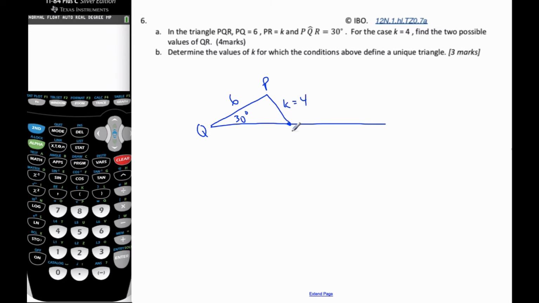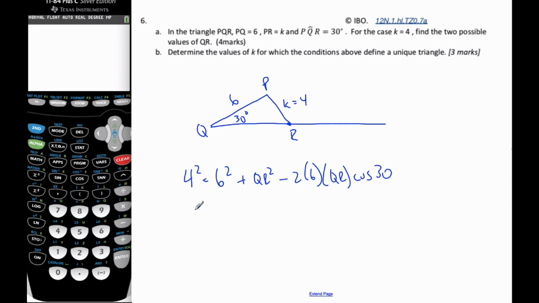And so it wants me to find the two possible values for QR. Well, the easiest way to find this is if I use the cosine law, where the side and the angle have to go hand in hand. So it's going to be 4 squared is equal to 6 squared plus QR squared minus 2 times 6 times QR cosine of 30 degrees.